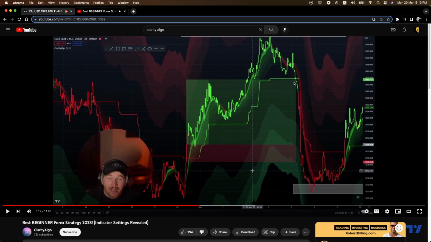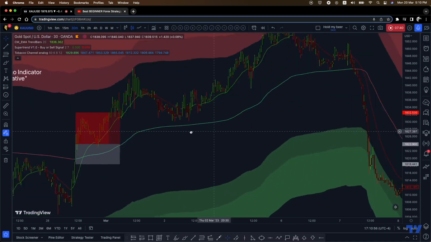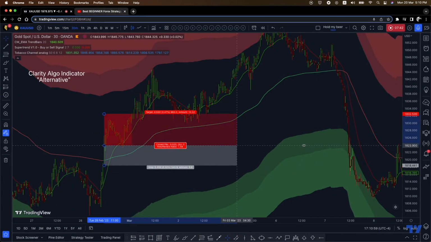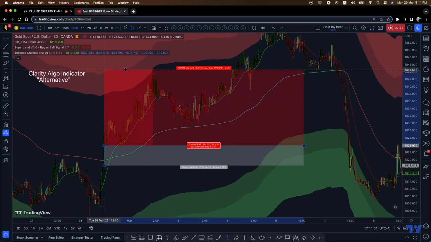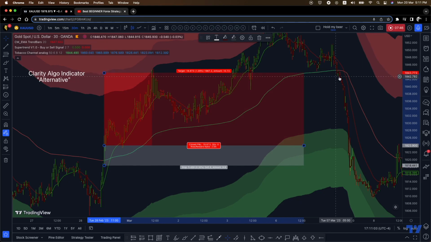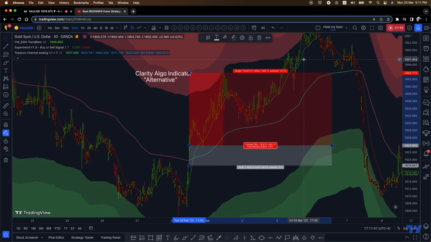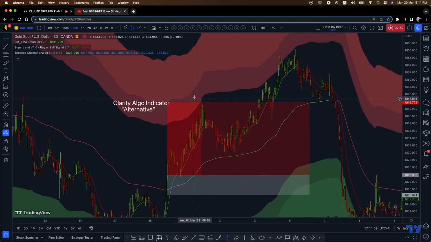Okay, he sort of explains right here. This is the part where he says you can get out when the market starts breaking below, which is this candle right here. So maybe that's your target, or you could be aiming at the clouds also.